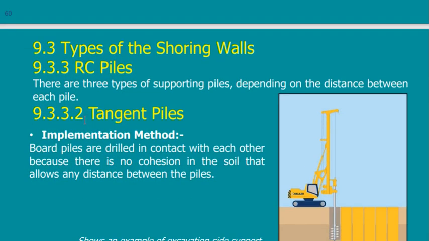The other type is called tangent pile. Tangent piles are piles that are just touching each other. Of course, it needs very, very good control over the drilling operation, because if I'm doing two piles next to each other and they are supposed to be touching, and one of them deviated outside by 1 degree and the other deviated inside by 1 degree, they will finally end up with a gap in between, maybe 20 centimeters.